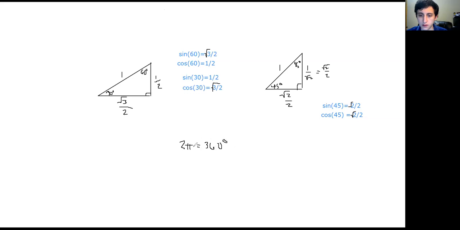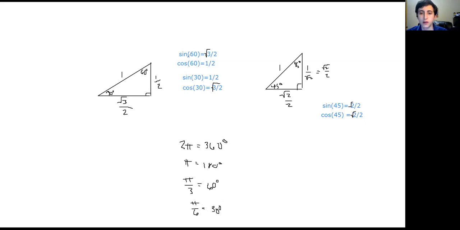So pi radians is 180 degrees. And that means if you divide by 3, pi over 3 radians equals 60 degrees. Cut this in half, pi over 6 radians equals 30 degrees.